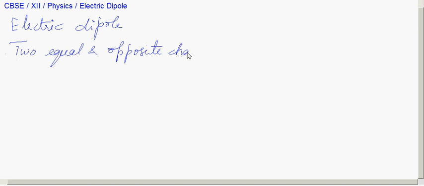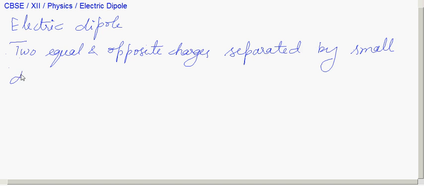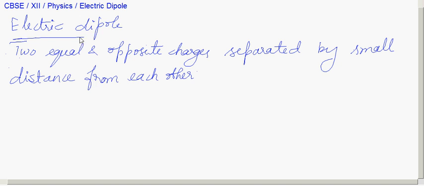A dipole is nothing but two equal and opposite charges separated by a small distance from each other.